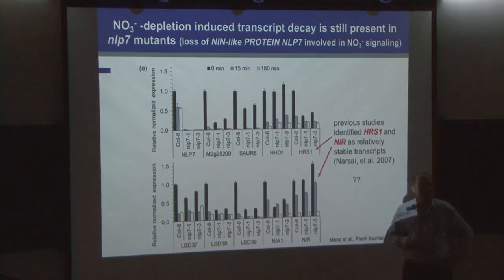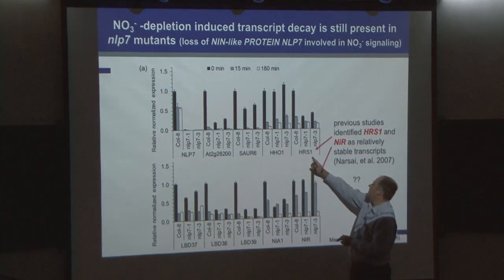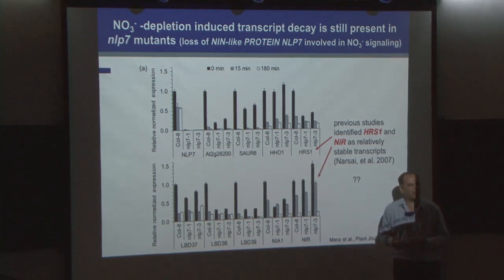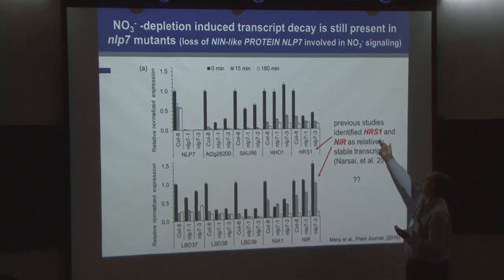When we worked with these transcripts, we also looked at other papers, what researchers had found previously, and there we had a surprising finding. For example, the messenger RNA for this transcription factor had been identified in a previous study as a relatively stable transcript.